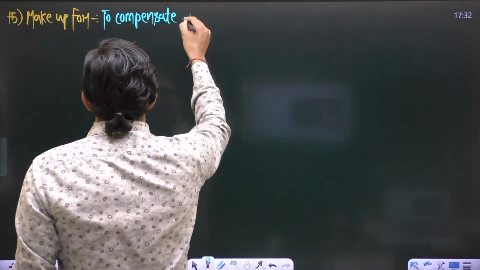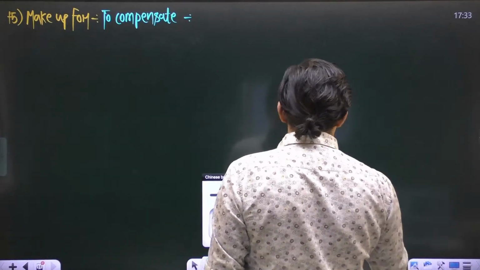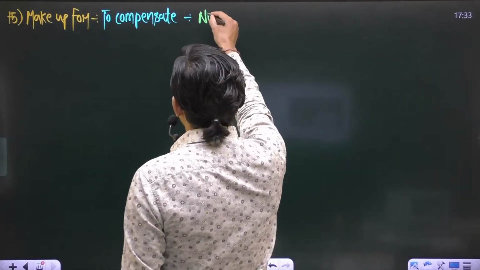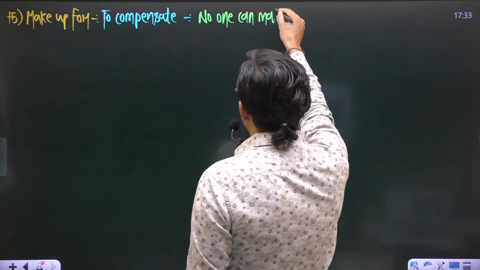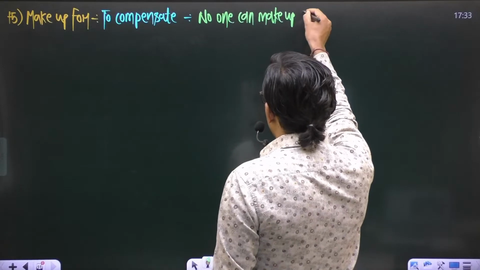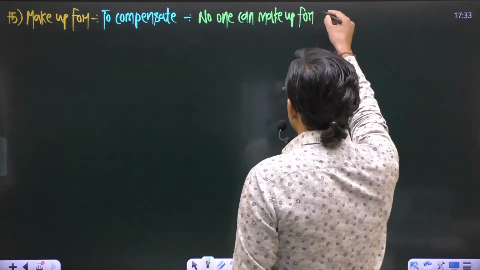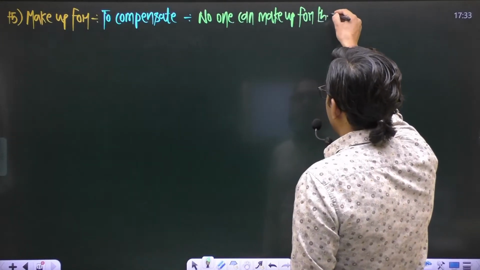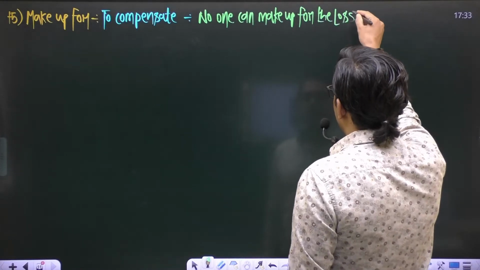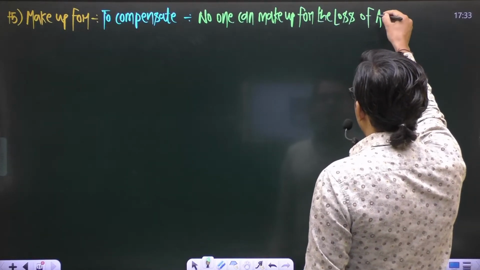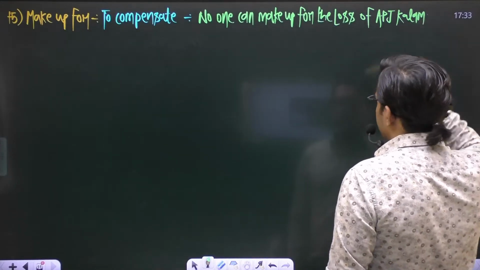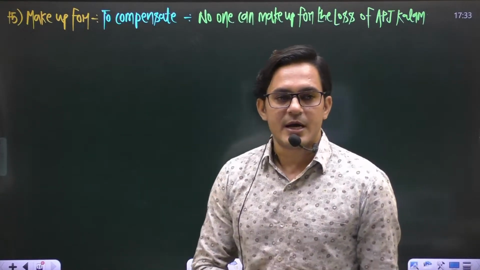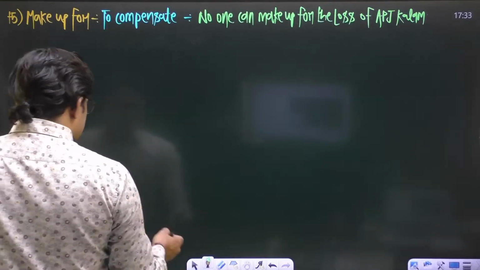And the sentence is: no one can make up for, no one can compensate what? The loss of APJ Kalam. No one can make up for the loss of APJ Kalam. Right? You can make a sentence. Done. Okay.